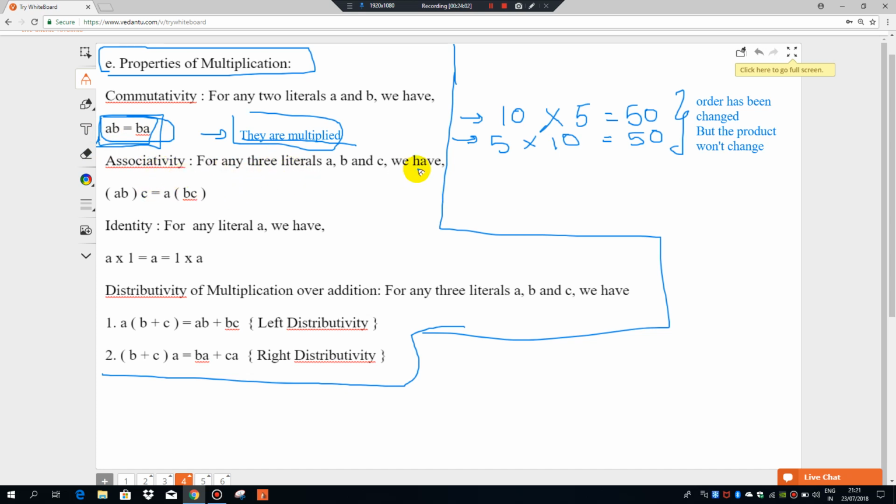Now, associativity. For any three literals a, b, and c, we have a into b into c equals a into b into c with the brackets placed differently. See, this is very easy.